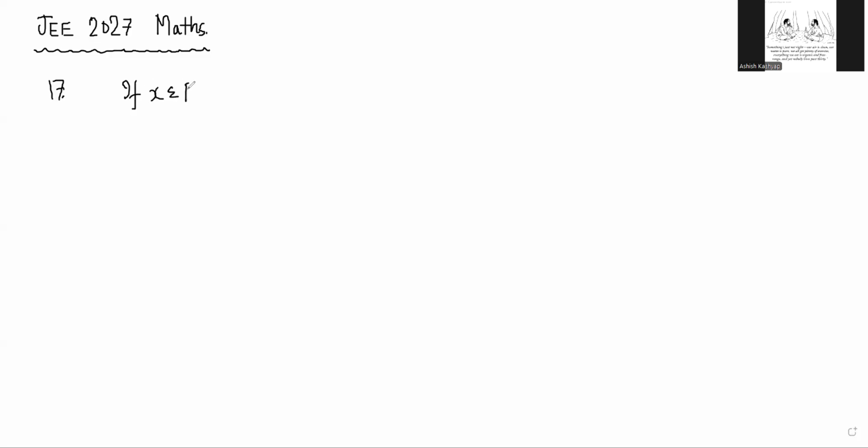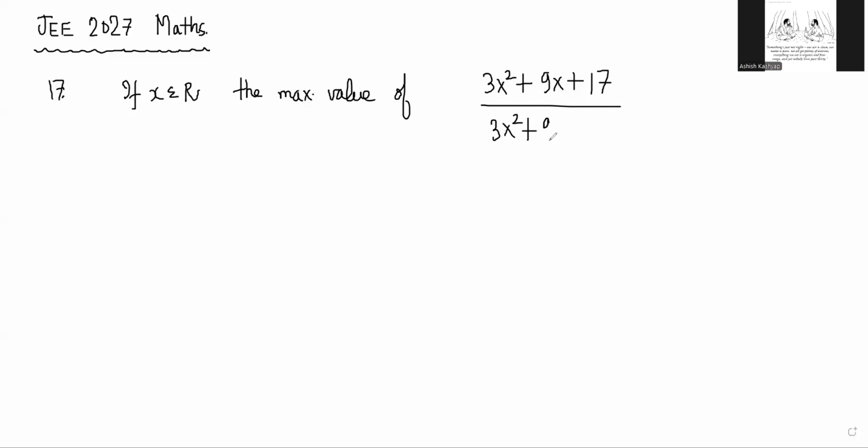If x belongs to real, the maximum value of (3x² + 9x + 17) divided by (3x² + 9x + 7). For such questions, there is a standard way to do it.